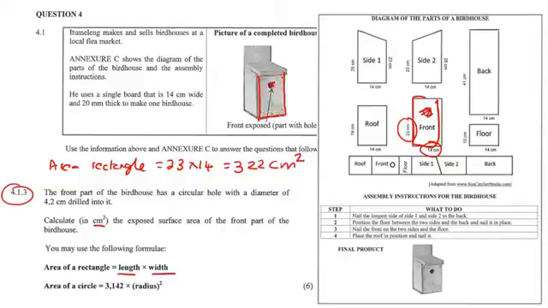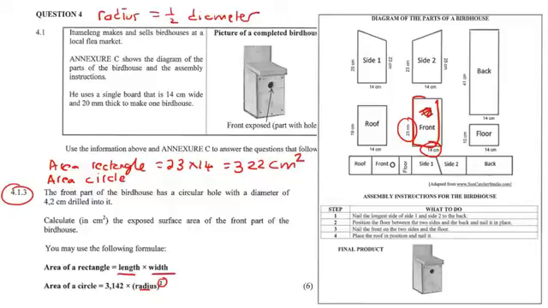Now we can go work out the area of that circle. We can use the formula 3.142 multiplied by the radius squared. But we don't have the radius, we have the diameter. So remember that a radius is half of a diameter.